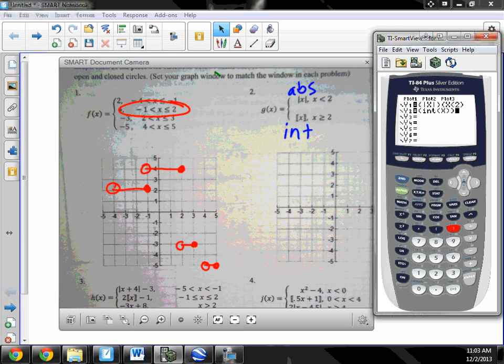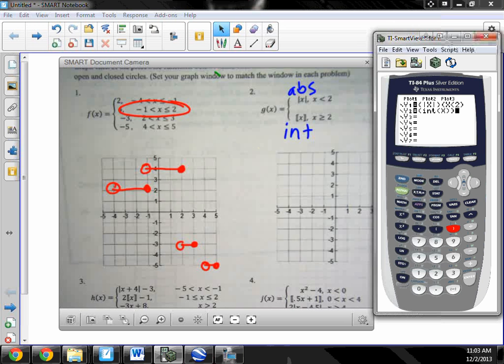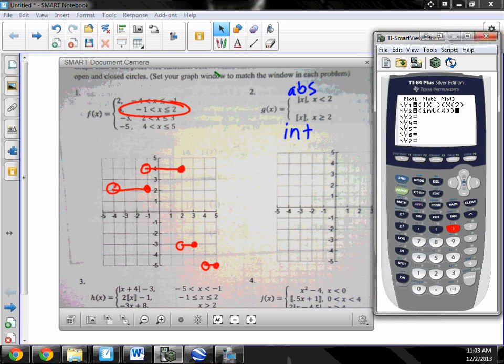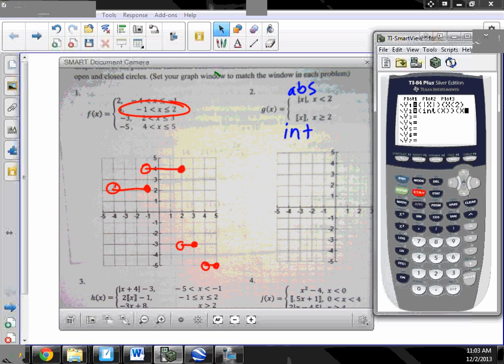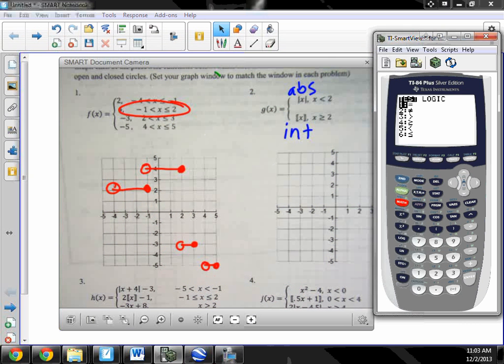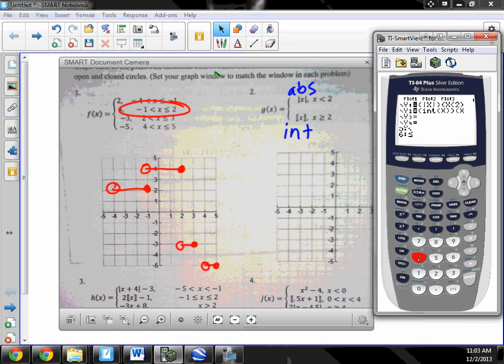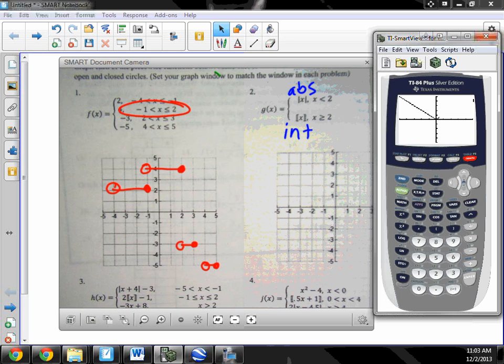There's one set of parentheses around the x, and there's one set of parentheses around the integer function. And then you type in the domain, which is x is greater than or equal, so second test, 4, 2. Push graph, and it should look like, oh no, that's right.